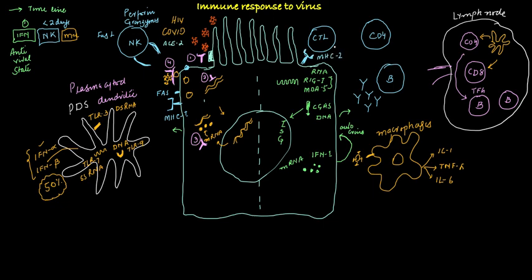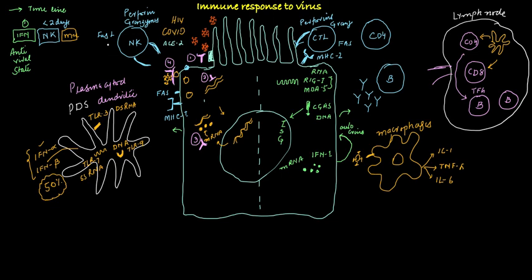which is expressed on virally infected cells, and they also have got a similar damaging mechanism like natural killer cell, that they are going to produce perforins and granzymes and induce apoptosis in these virally infected cells, or Fas ligand method of initiating apoptosis in virally infected cells.